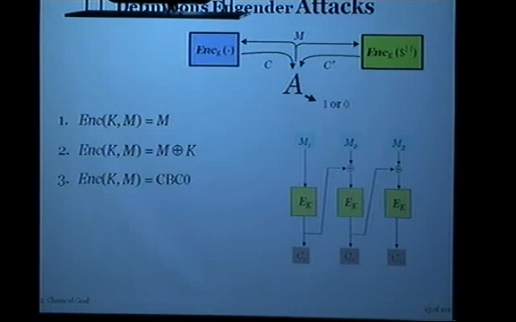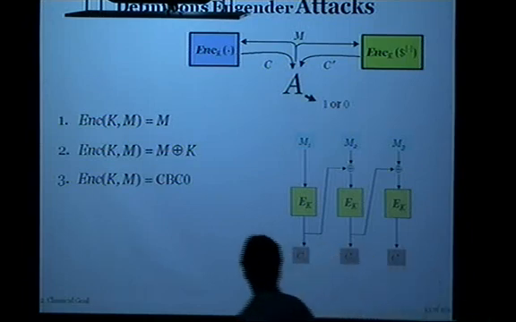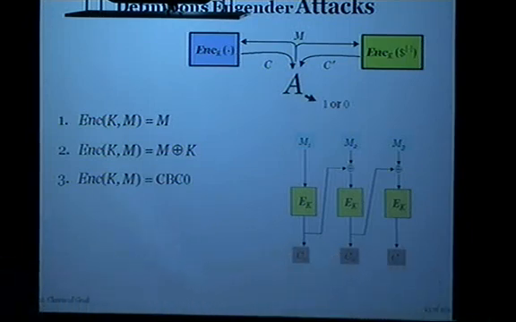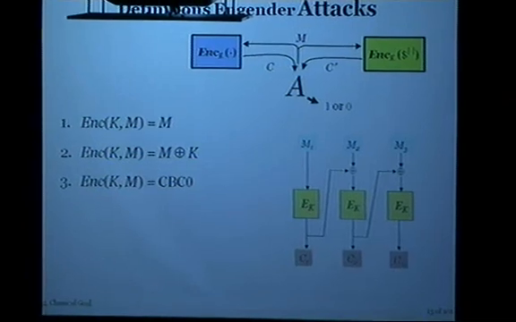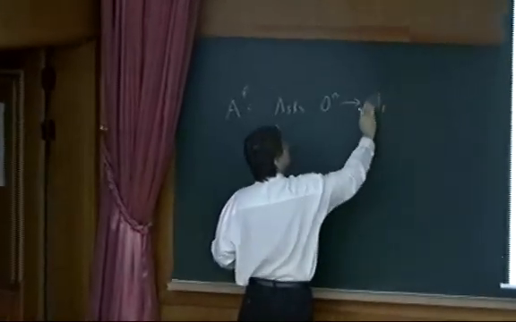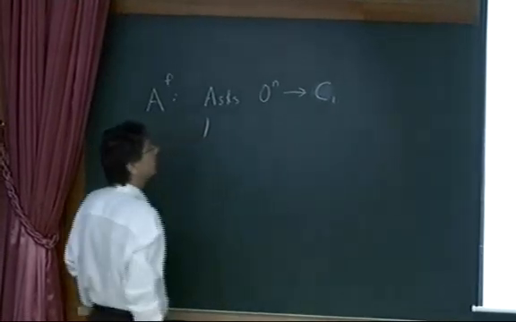And again, we never even used M2. So my adversary A worked like this. It has an oracle F, which is either going to be that blue oracle or the green oracle. The adversary asks 0 to the n and gets back some first ciphertext block, C1.